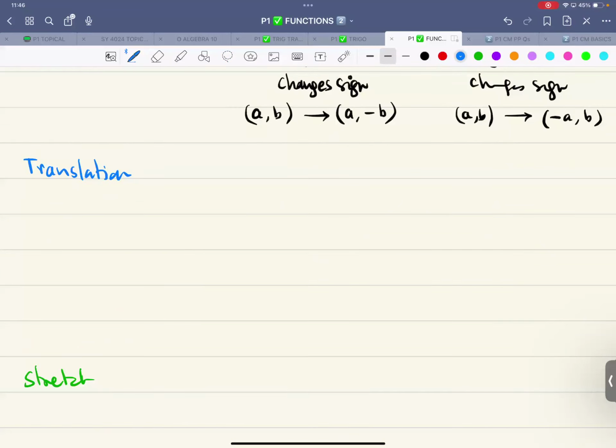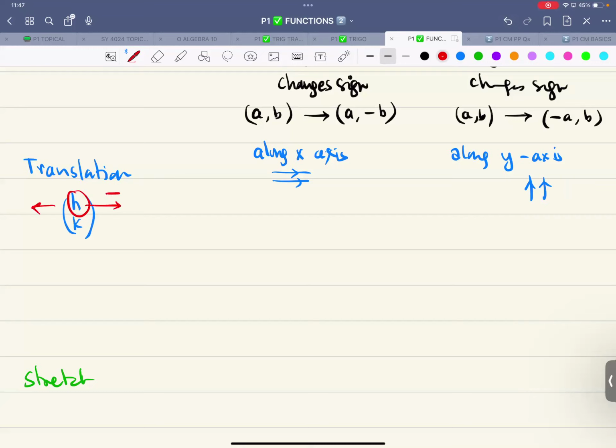Translation could be along x-axis, or you can say parallel to x-axis, or it could be along y-axis, parallel to y-axis. Now we have a translation vector (h, k). This h is along x-axis.